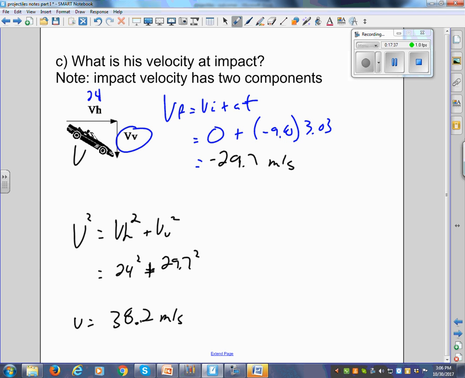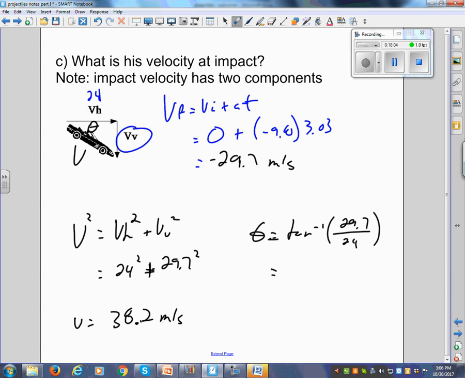Do we need an angle? Yep. Opposite over adjacent, so that's going to be the VV, 29.7, the VH, 24. Second function tan, 29.7 divided by 24.